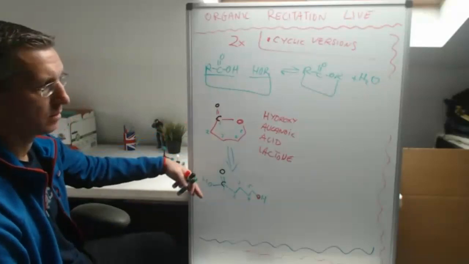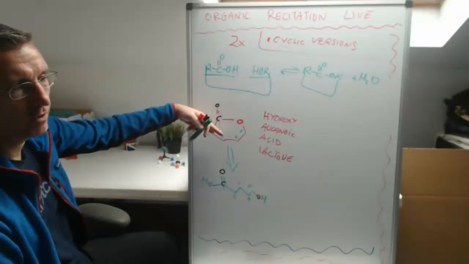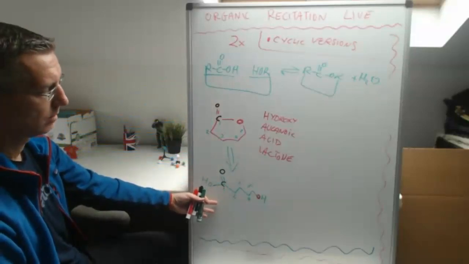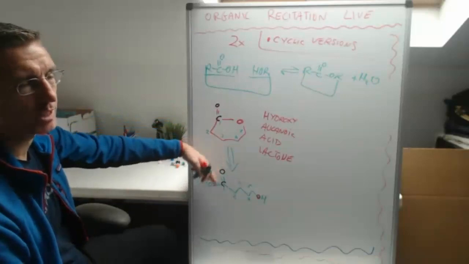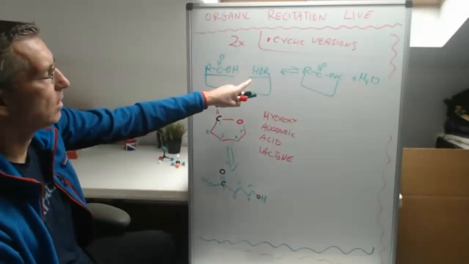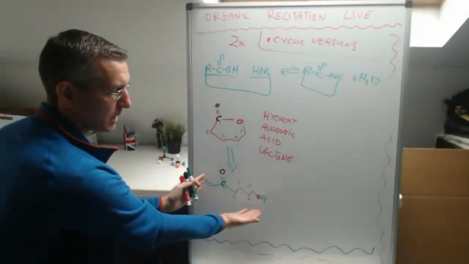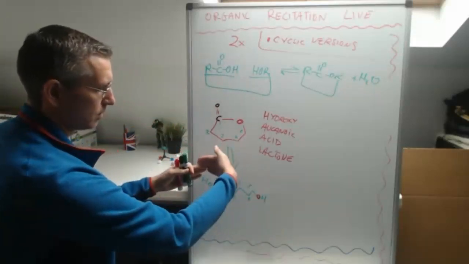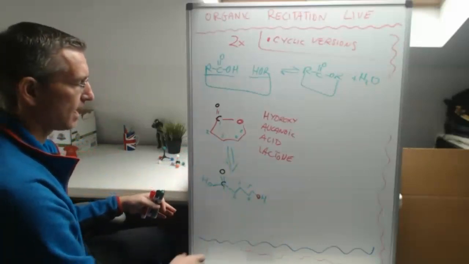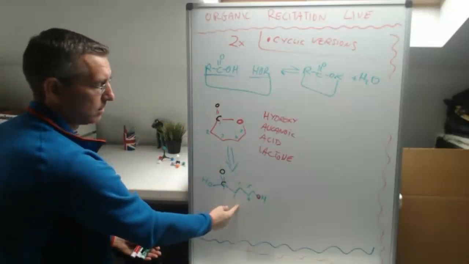This is annoying for you because to name this, you have to figure out how this would be made. We call this retrosynthetic analysis. It's just alcohol and acid, but now they're in the same molecule, so it's an intramolecular reaction. Then you have to name this.